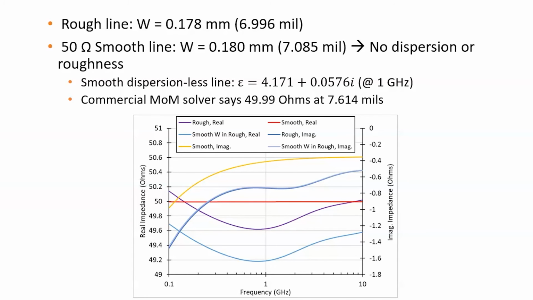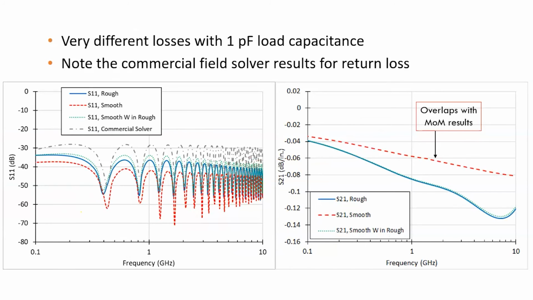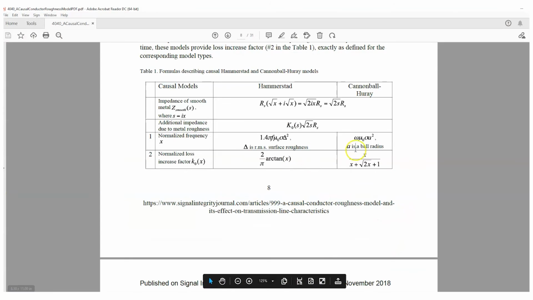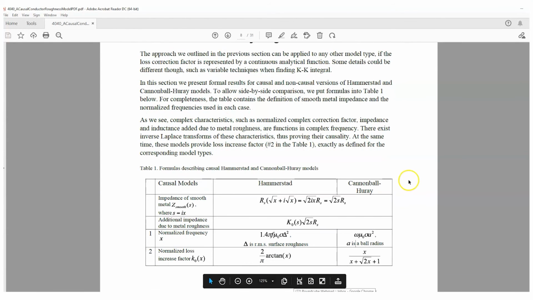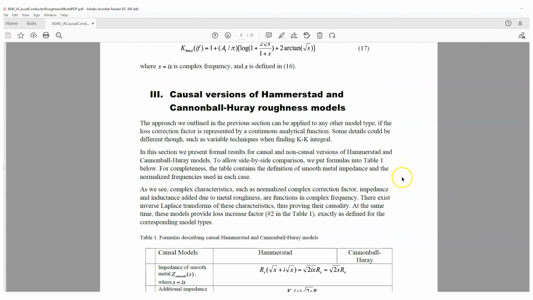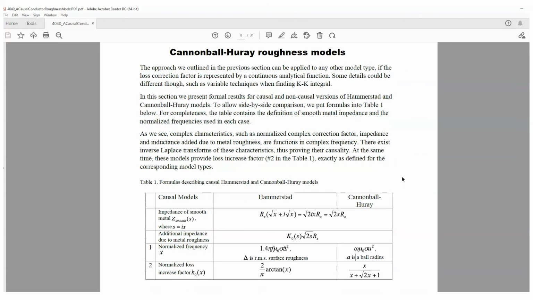Okay, so if you want to learn more about this, go check out one of my videos on my channel, because I show some examples of how to use all of this, and I think you've got to be a little mathematically inclined to do all of this, but you can actually then use that to generate these types of S parameters here. The other thing I'm going to do is we'll link to this paper in the description of this video. So go ahead and check out this paper, because it's definitely very revealing as to the math that's involved in getting to these results.